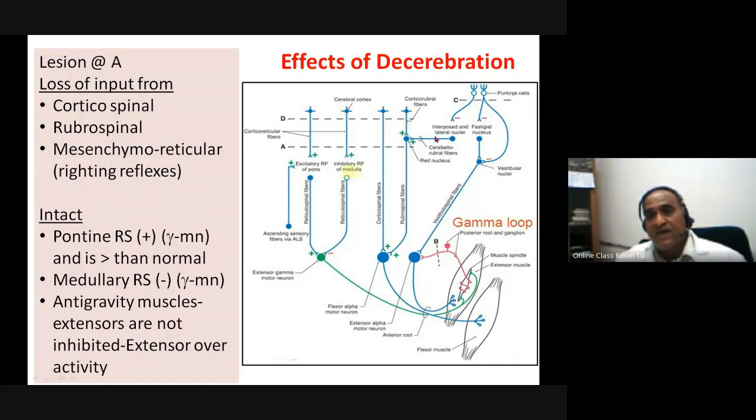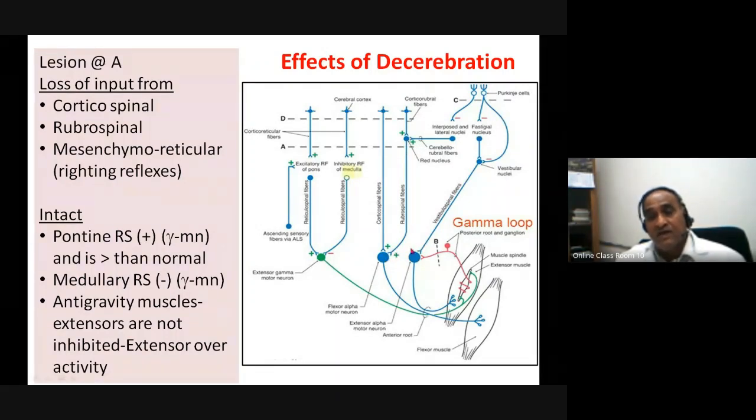In addition, the cerebellar inputs, the interpositus, these things are lost. So now it is having a 2 plus here. Now this 2 plus means there are only diminished rubrospinal inputs.